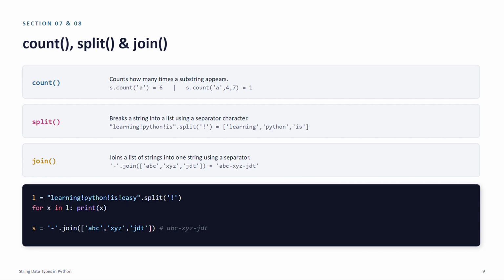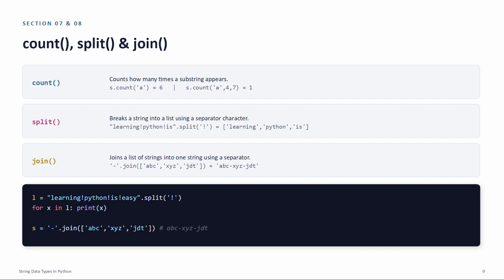Now let's see the join function. It is the opposite of the split function. You can join multiple strings into a single one with a separator. Now I am using dash join abc, xyz and jdt. The output should be printed along with the separator, the dash value.